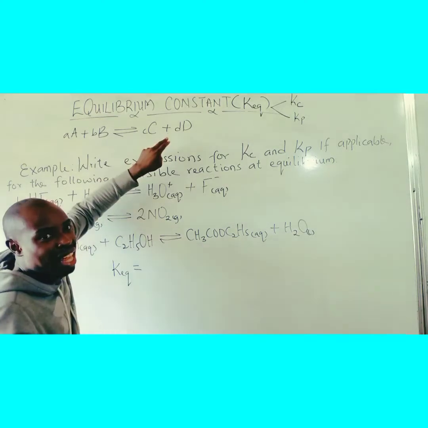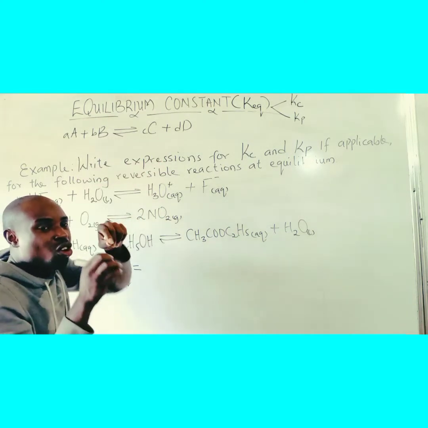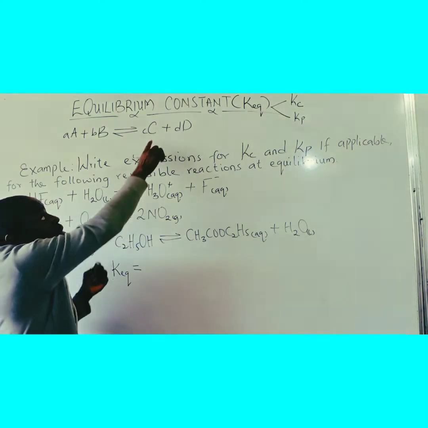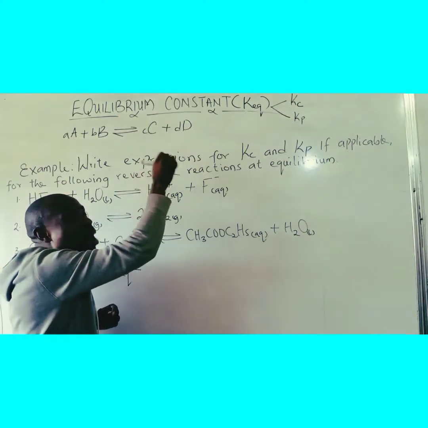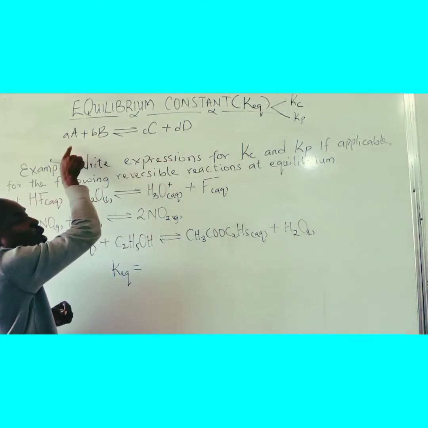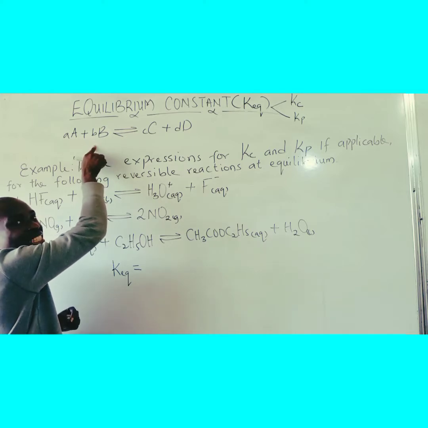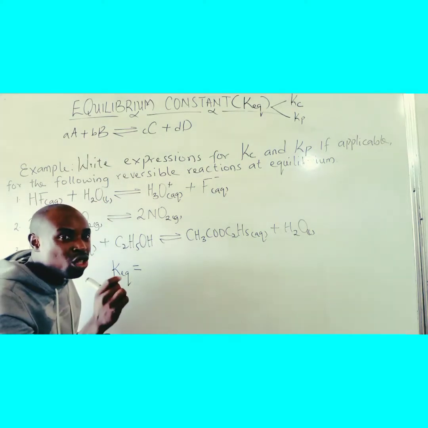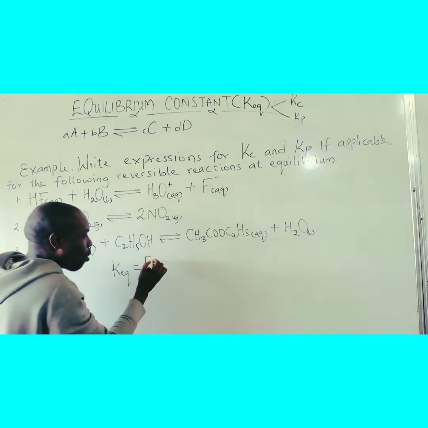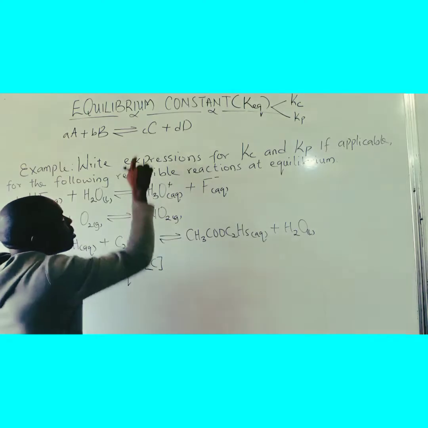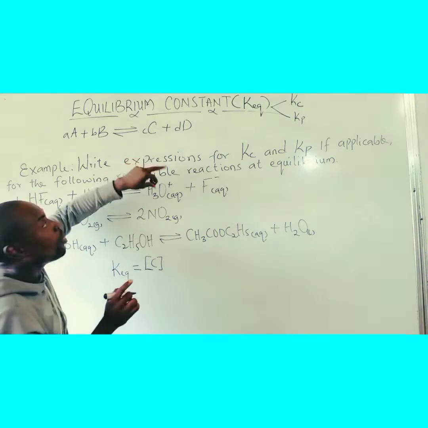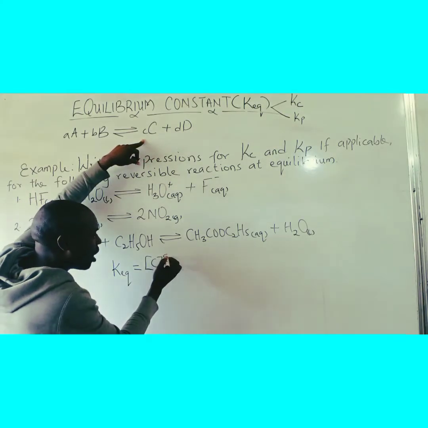And according to the law of mass action, it means the concentration of the forward reaction raised to the power of the stoichiometric coefficient over the concentration of the reverse raised to the power of the stoichiometric coefficient, which is simple. So here we have the concentration of C, and the stoichiometric coefficient of C here is this small c you are seeing here.